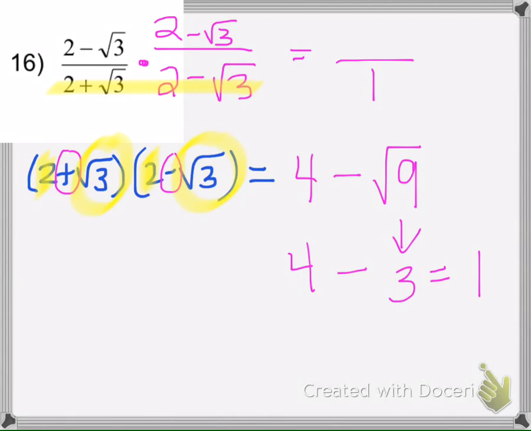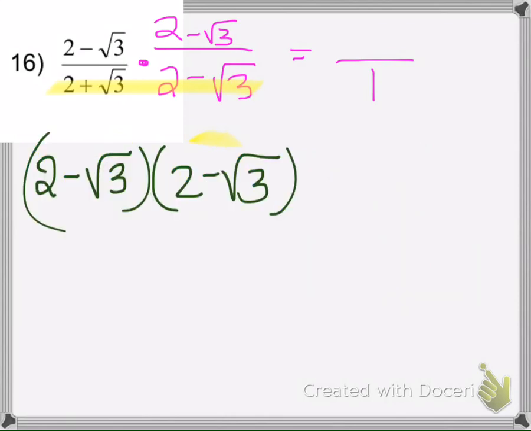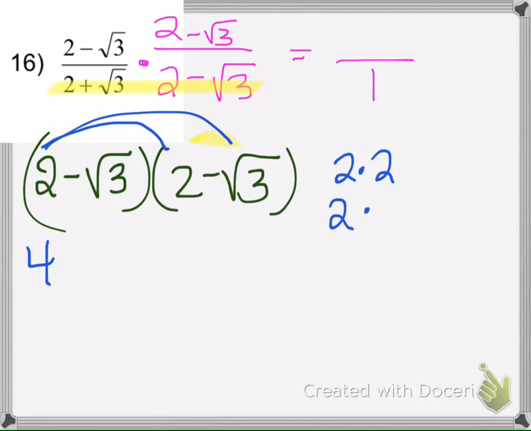Now let's go ahead and multiply the numerator. So in the numerator here, these are not conjugates. This is a minus and this is a minus, so we have to FOIL this out. We cannot just multiply the 2's and the square root of 3's. So we're going to do 2 times 2, which is 4. And then we're going to do 2 times negative radical 3, which a positive times a negative is a negative 2 rad 3.